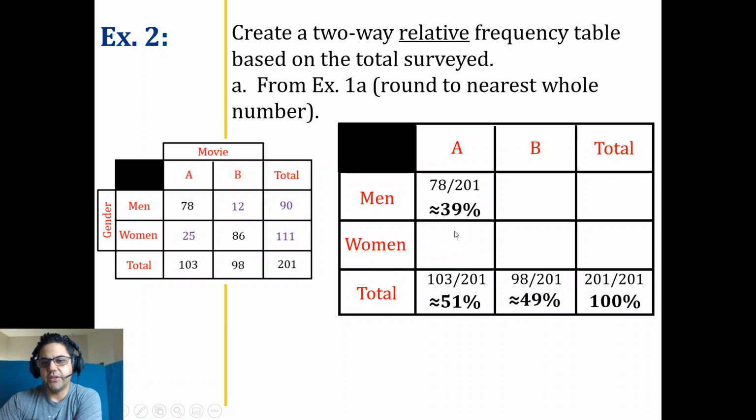If you notice, you can do some subtraction to find this box here. Or you can just do division. Same thing with movie B. You get just basic division out of your grand total.